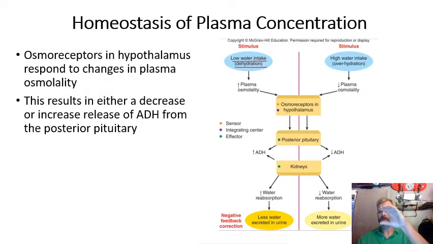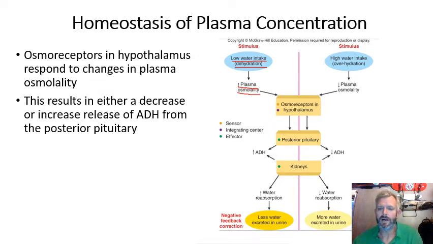So we have our blood, we're losing water but not the solutes as quickly, and therefore the osmolarity increases. If you remember, ADH is released from the posterior pituitary. The posterior pituitary consists of those neurons starting in the hypothalamus and extending down into the posterior pituitary where they will release ADH.